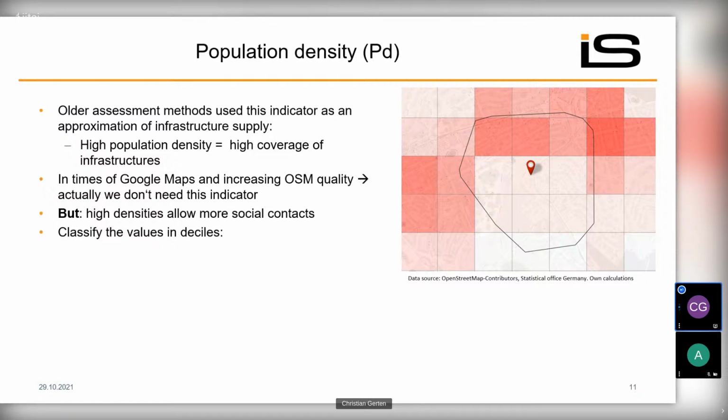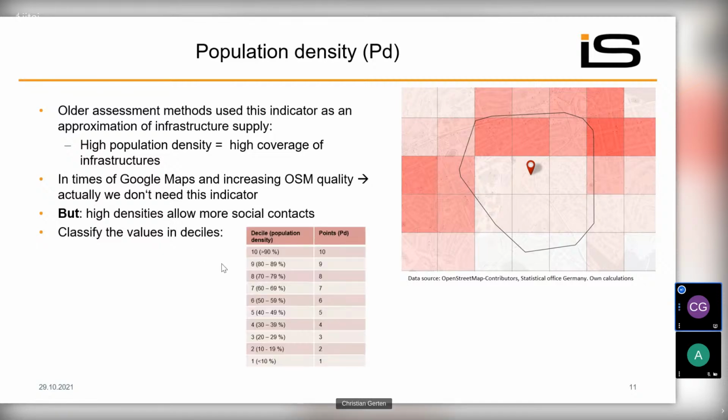But also, much research shows that high density allows more social contacts. When you live in a very dense neighborhood, you have more options to meet people outside, for example. And this is also an increasing factor for walkability. Here we classified the values in deciles, as we do not know at which density the social contacts could increase.